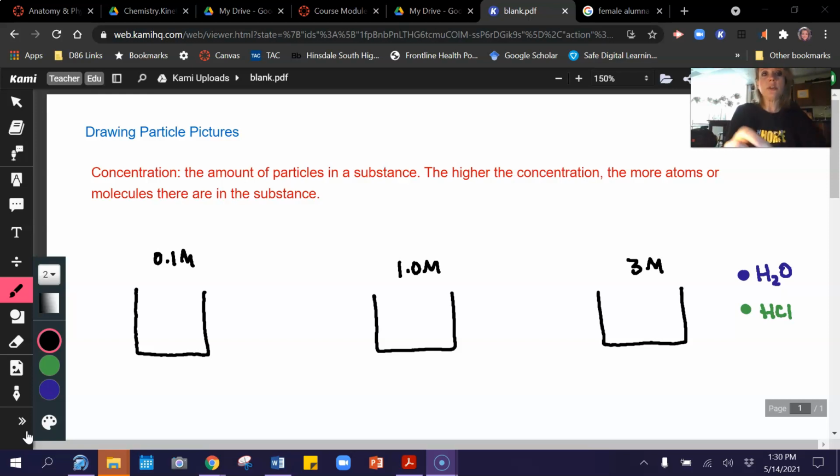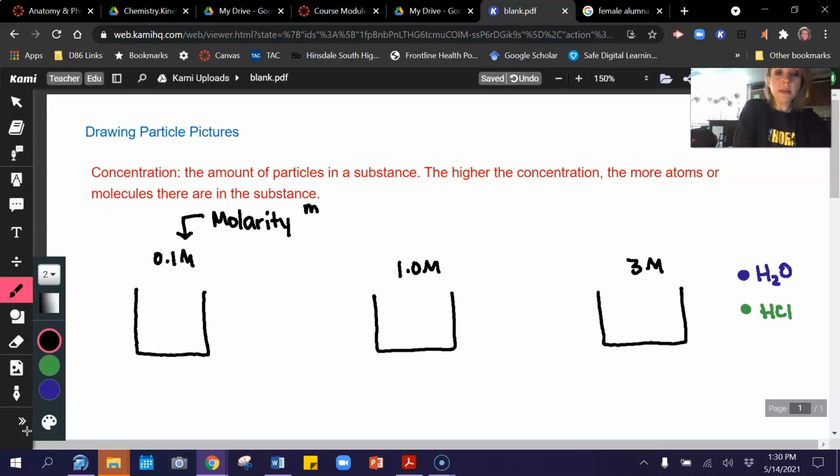Now, we measure concentration with this capital M, and this is called molarity. Molarity is the number of moles of substance in a volume of water. So it's moles over volume, or moles over liters.